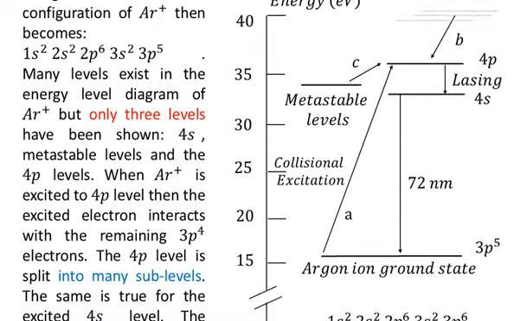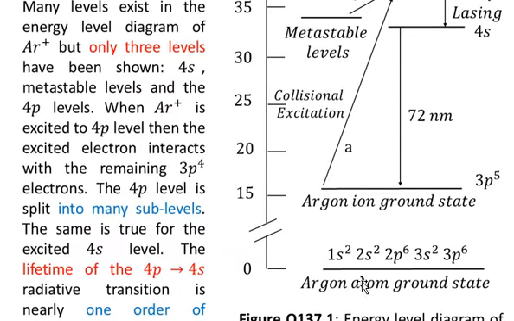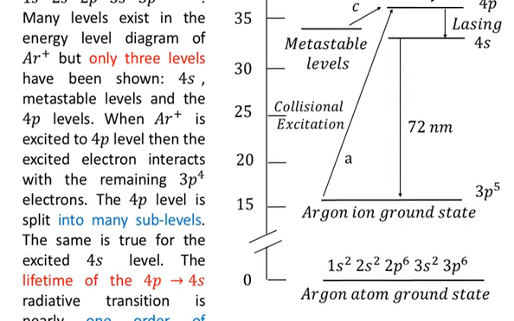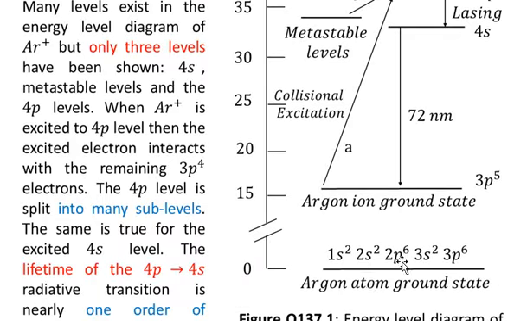Similarly, two collisional processes are involved in path B, that is, the argon atoms or the argon ions are raised to the levels above the 4p levels. Through one collision you raise the ground state of the argon atom to the argon ion state. This is one collision.